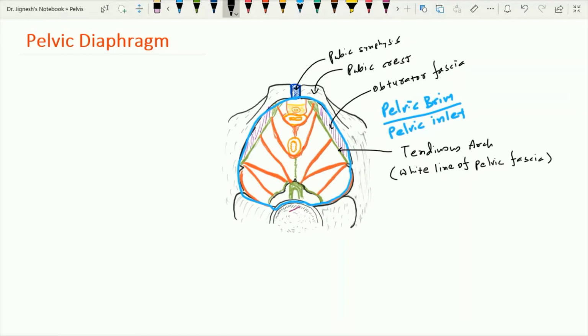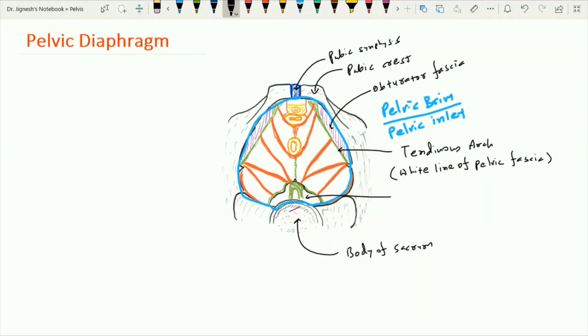So with the adoption of the upright posture in human beings, the levator ani muscle, part of the pelvic diaphragm, moves caudally and reaches up to the tendinous arch, and the upper part of this obturator fascia up to the tendinous arch is formed by the pelvic fascia itself.